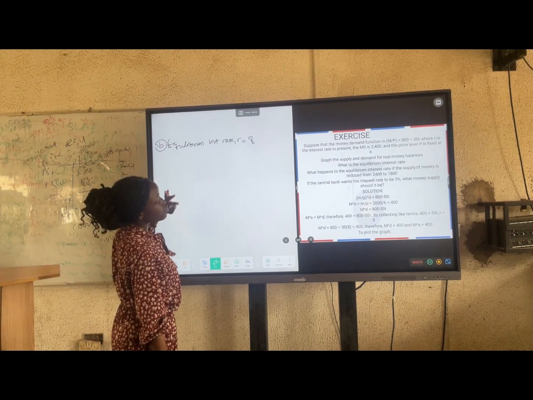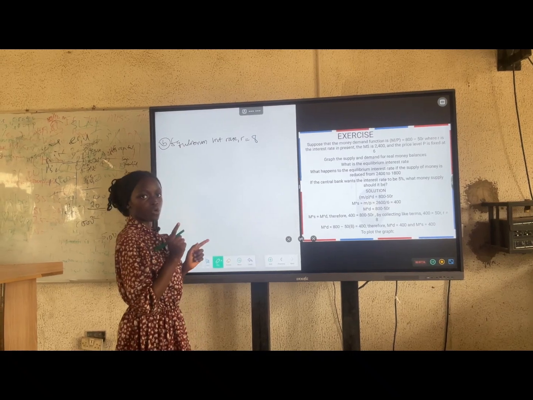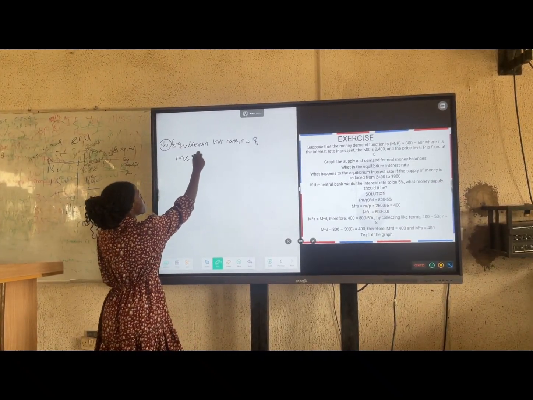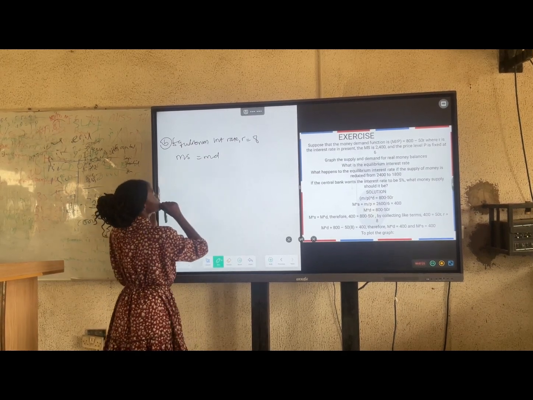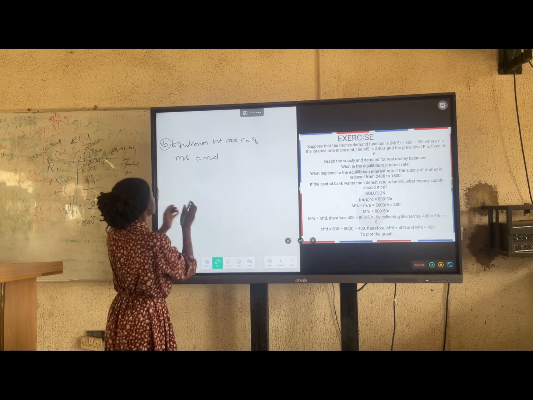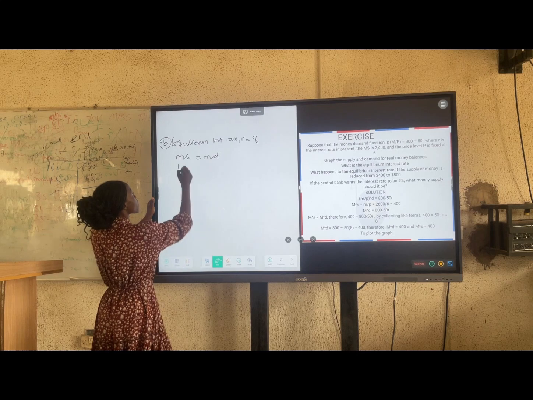The next question says what happens to the equilibrium interest rate if the supply of money is reduced from 2.4 to 1.8? To do that, money supply equals money demand, as I've said earlier. Our initial supply of money was 2.4, then it has been reduced to 1.8.